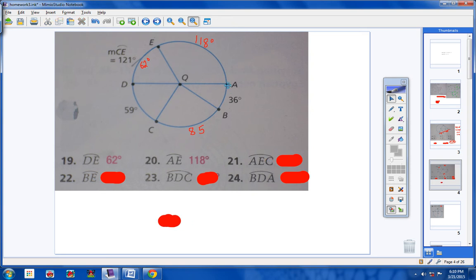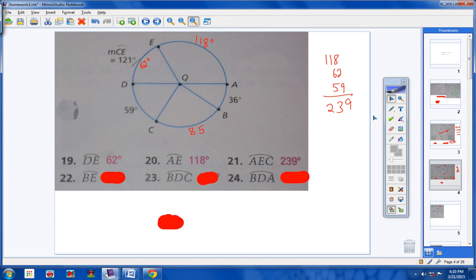So from A all the way to E, all the way to C. Okay? So it's 118 plus 62 plus 59. Okay? From A to E to C. Alright? So we get 9 carry 1, 3 carry 1, 239 degrees.